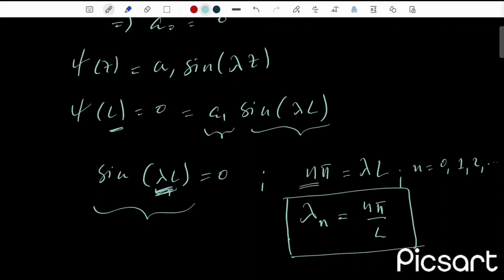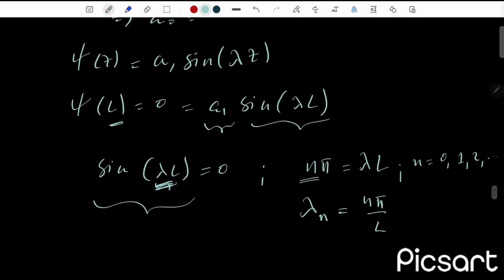Which means that lambda, the eigenvalues, will every time take integer multiples of a specific fixed number, which is equal to pi over L.